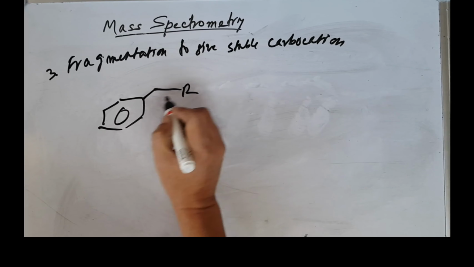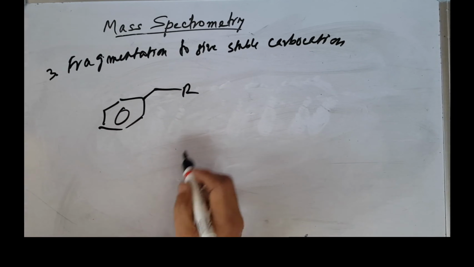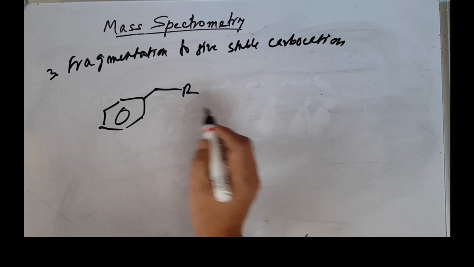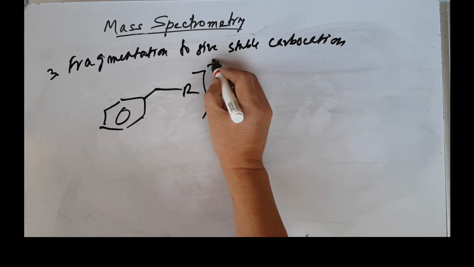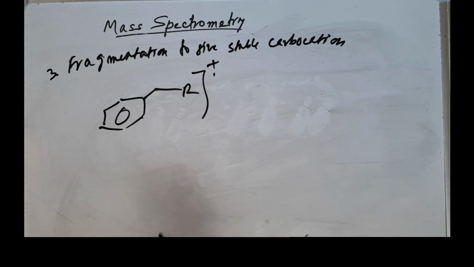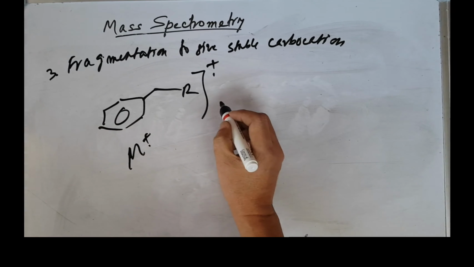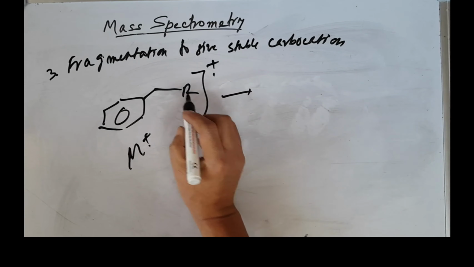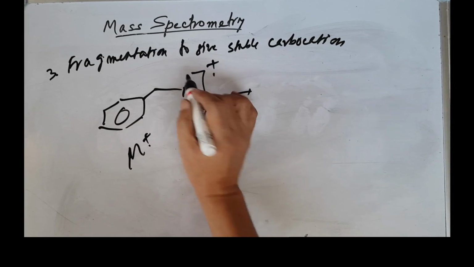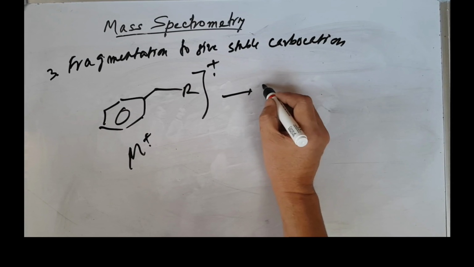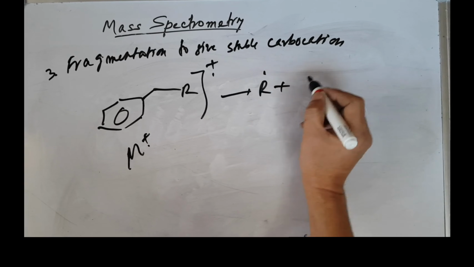This is a benzyl compound, one molecule bombarded with electrons. So we get this molecular ion, the M plus peak. This one undergoes fragmentation to lose R radical.